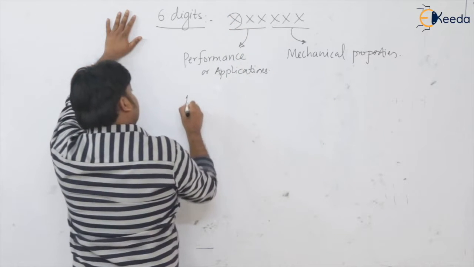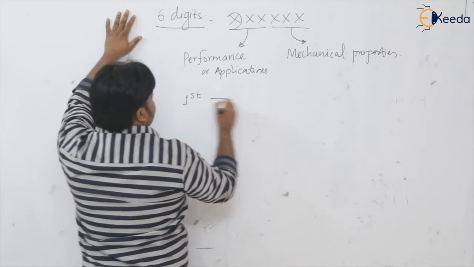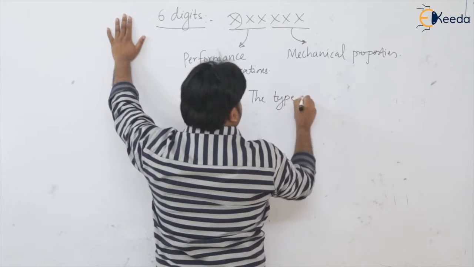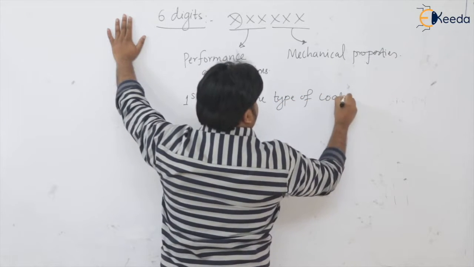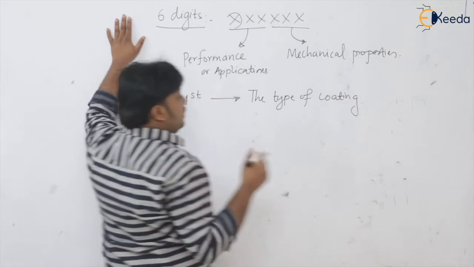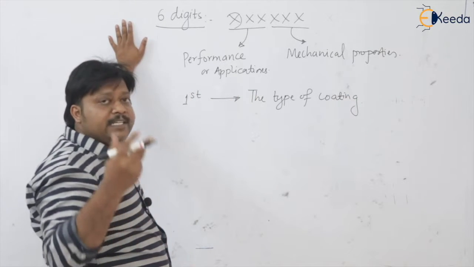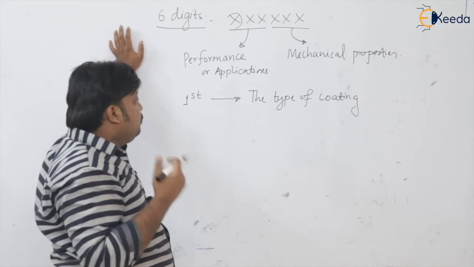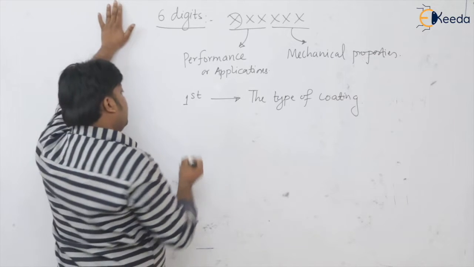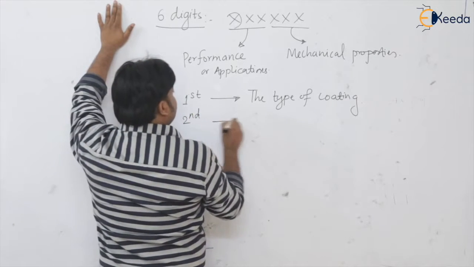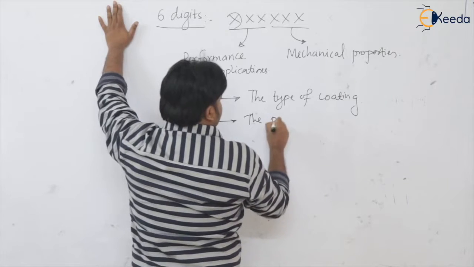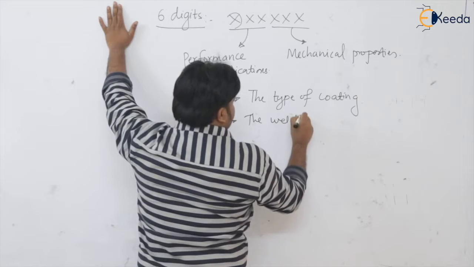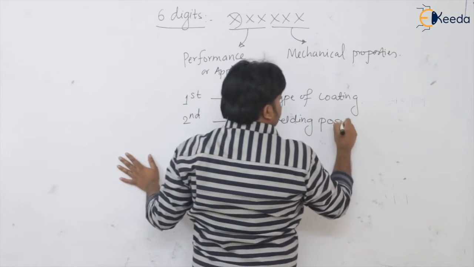Let us see what the first digit will indicate. The first digit indicates the type of coating you are having: ferrosilica coating, rutile coating, oxide coating, like that. The second digit is going to indicate the welding position.